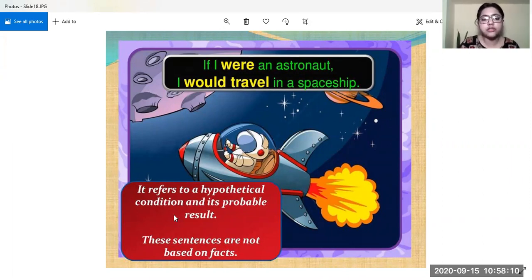So it refers to a hypothetical condition which is assumed, and its probable result, and these sentences are not based on fact. It is used to convey our wishes or dreams, or hidden dreams, you can say. So it is not very much related to reality.